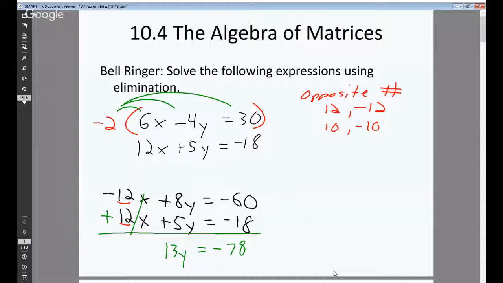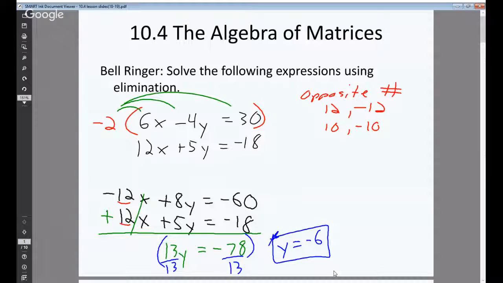Now you have a perfectly good equation that you can solve for y. All you have to do is divide by +13. So -78 divided by +13 will give you y equals -6. So we're off to a good start.